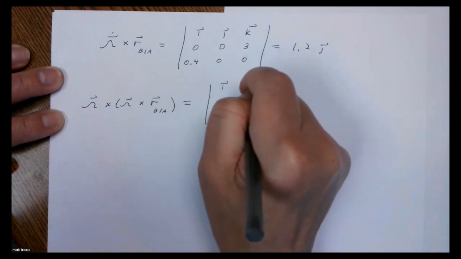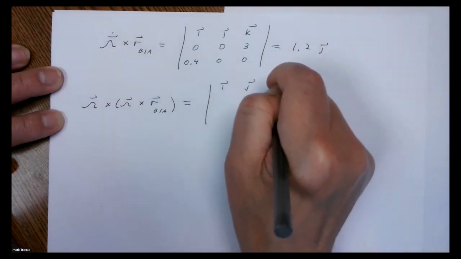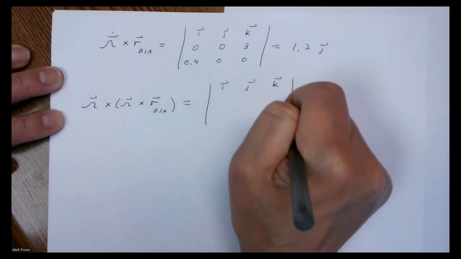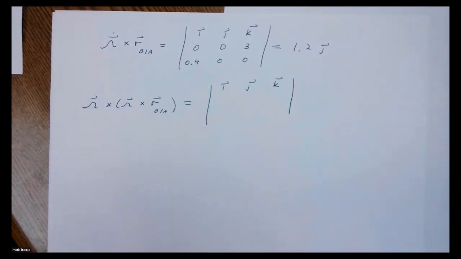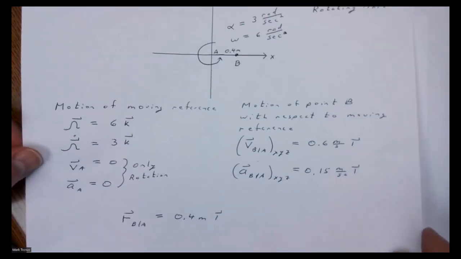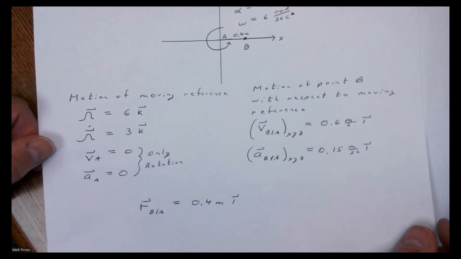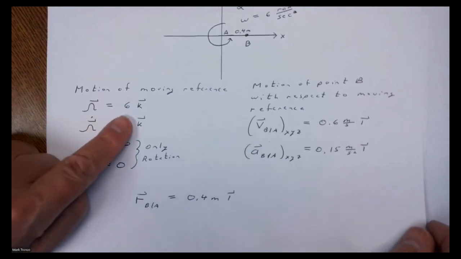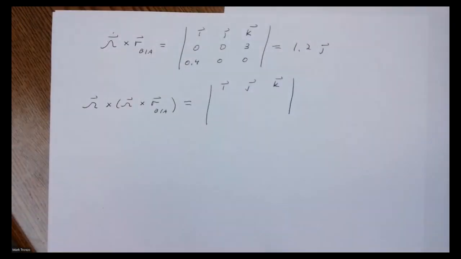And that'll be I, J, K. And once again, we're going to do omega with 6K.